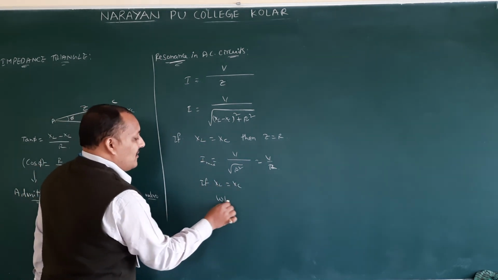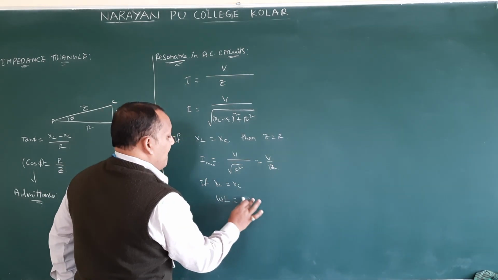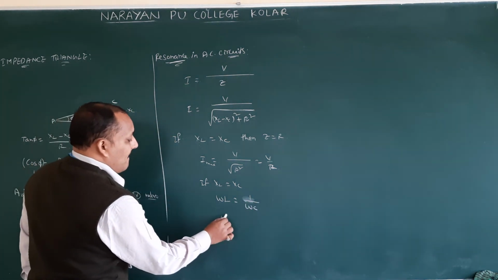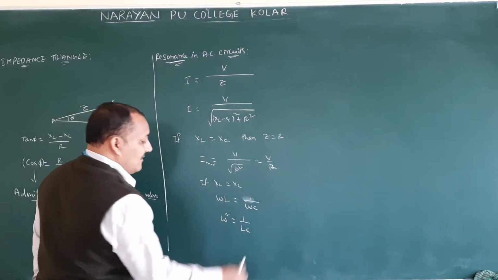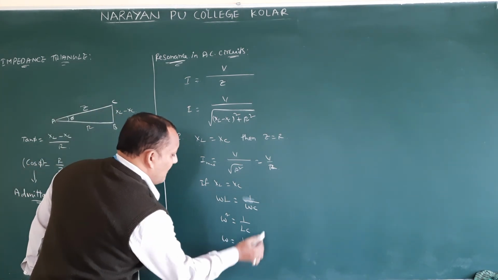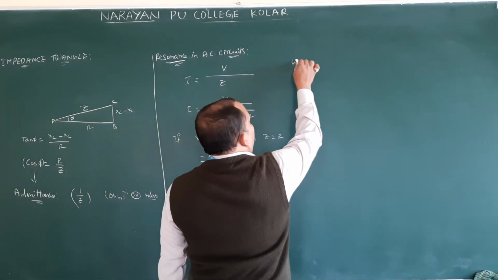So if XL equal to XC, what is XL we said? XL is nothing but omega L. XC is nothing but 1 by omega C. Omega square equal to 1 by LC. Omega equal to 1 by root LC. What is omega?